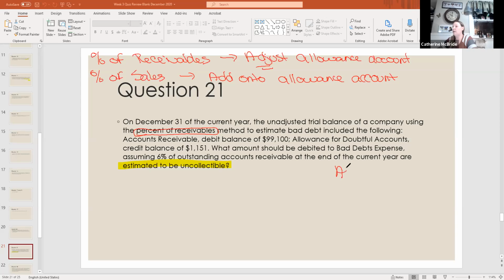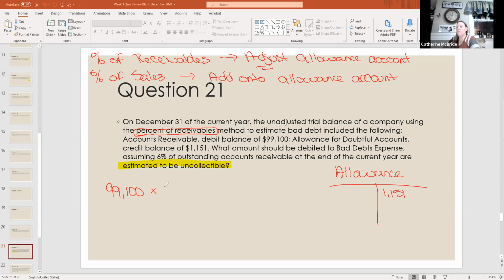Here's my allowance account. Accounts receivable had a debit balance of $99,100 and the allowance for doubtful accounts had a credit balance of $1,151. What amount should be debited to bad debt expense, assuming 6% of outstanding accounts receivable won't be collectible? I know that I have $99,100 in accounts receivable.